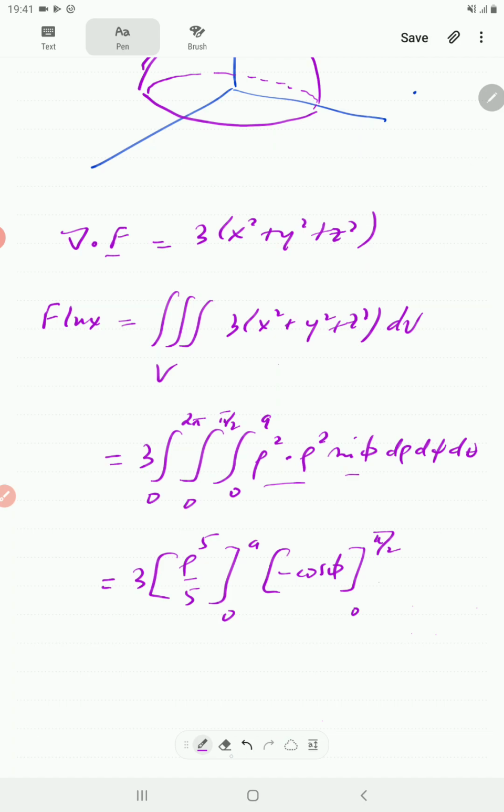Then there is no theta here, so the integral of theta is just going to be 2 pi. If we plug in accordingly, this is going to give us 6 pi a to the power 5 all over 5. So it's going to be the flux of that vector function through that closed surface.